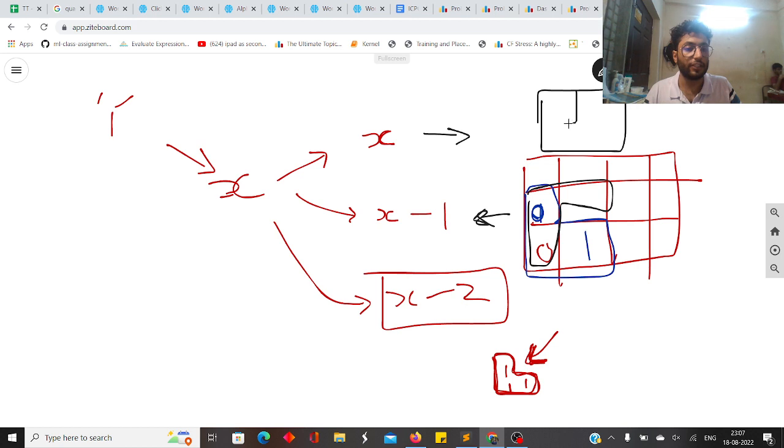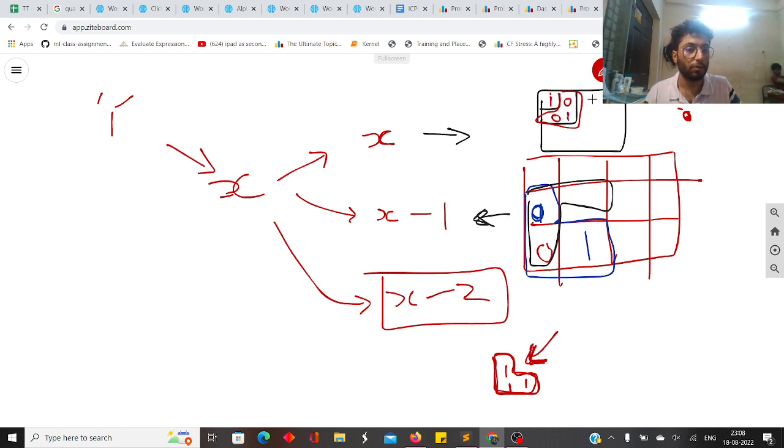If there exists an L-shaped element initially, let me call this the L-shaped that I'm talking about, such that the zeros need not be adjacent, because if there exists an L-shaped element initially such that two of the elements are 0 and this element is 1.